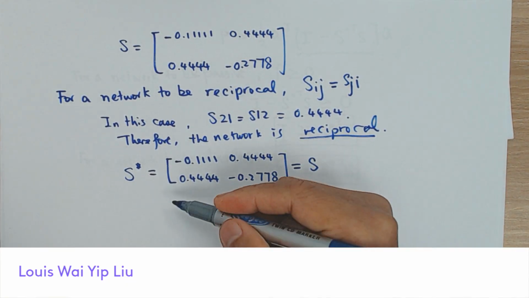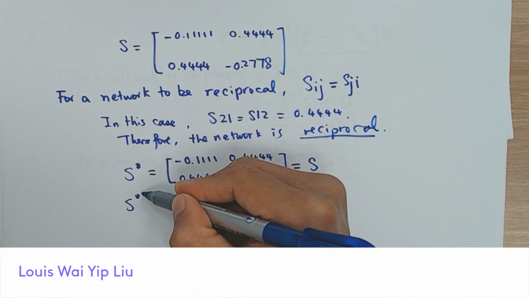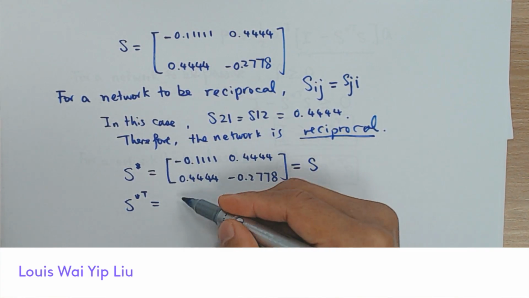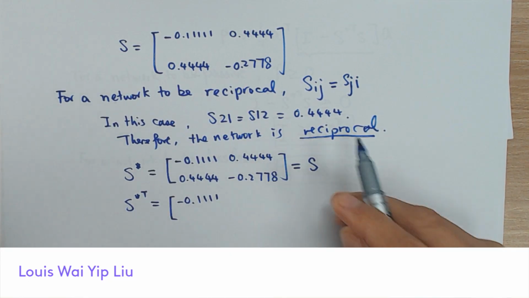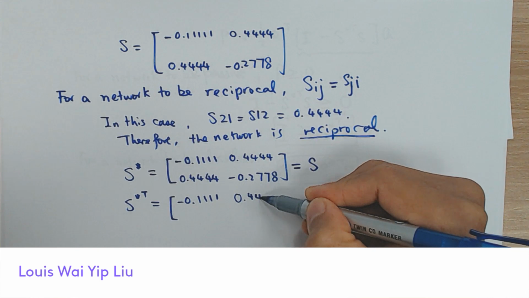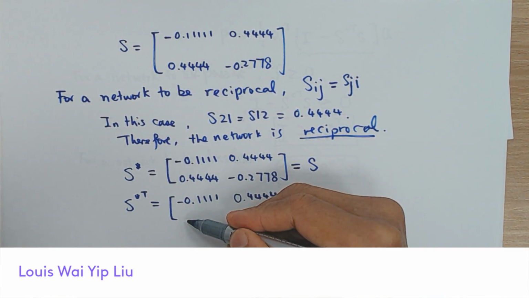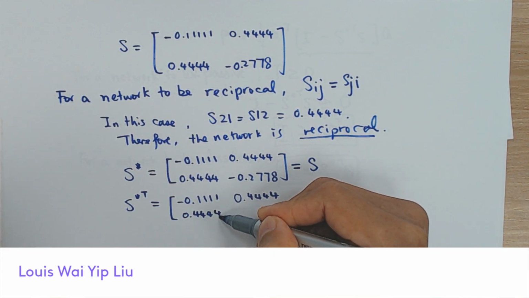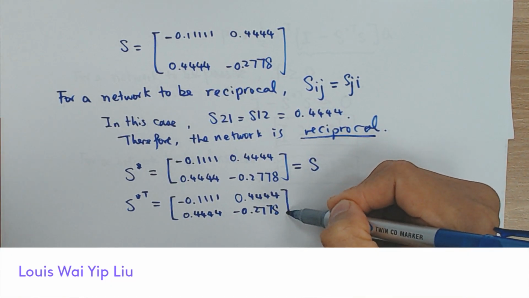Now we are going to find S transpose. And again, if we transpose it, then this one becomes this and this one becomes this, so there is no change.